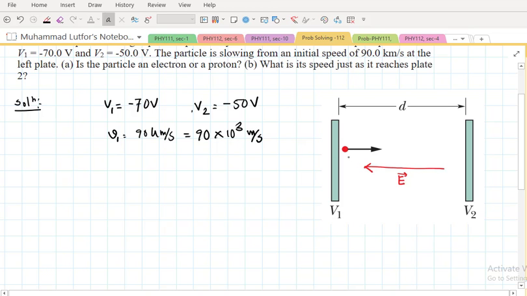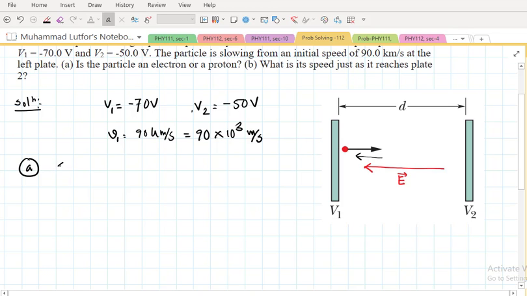That means this particle could be a proton, since a proton moving towards the direction of the electric field would be accelerated. Since it's slowing down, it is decelerating. So that's why I can say the particle is a proton.